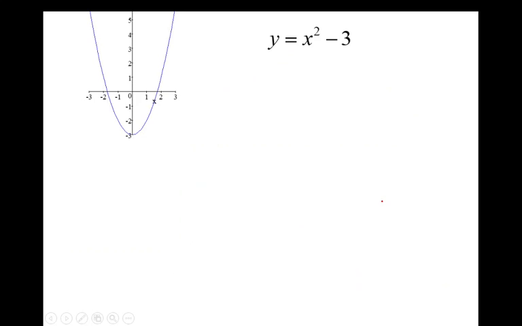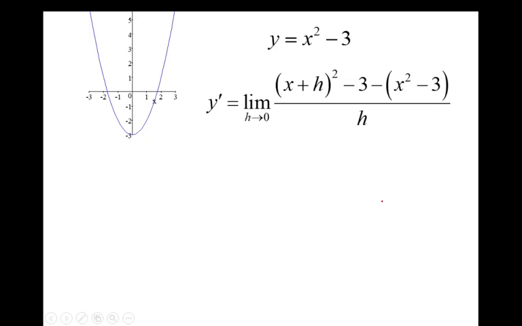All right. So look at this one. Okay. This should look familiar. Okay. So I'm going to use my definition of the derivative to find y prime. So notice I started with y, and now I'm taking the derivative, and I ended up with y prime. So I took the derivative of this side to find the slope.